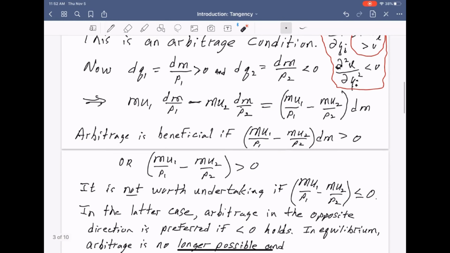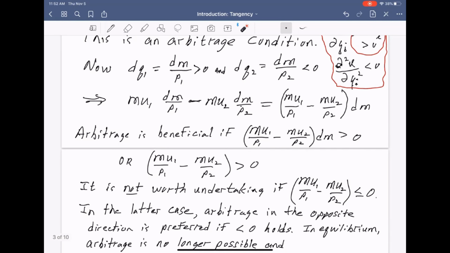In other words, the movement from the blue to the black point in the above diagram is worth undertaking. It's not worth undertaking, however, if this is negative. In other words, we're increasing Q1 and decreasing Q2, but if the benefit of increasing Q1 is less than the benefit, measured in utility units, of reducing Q2, then it's not worth undertaking.